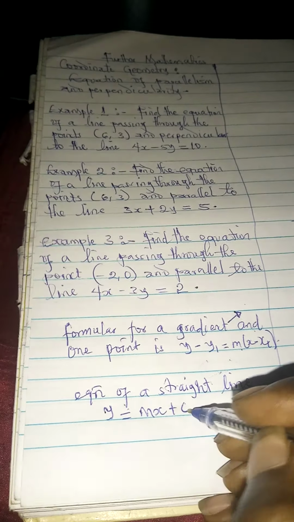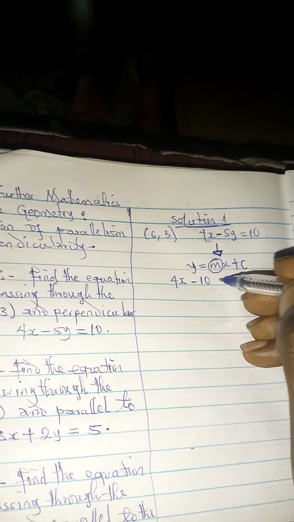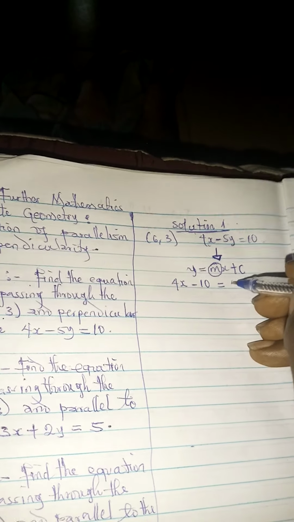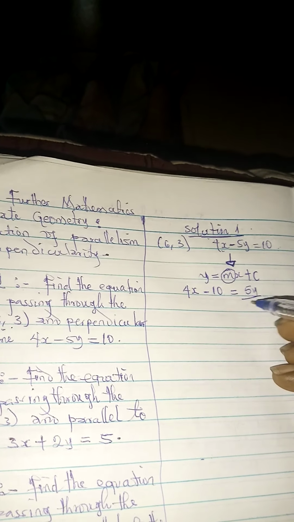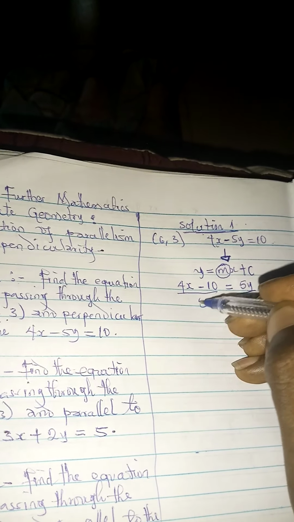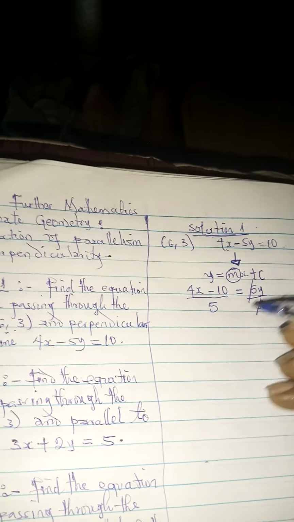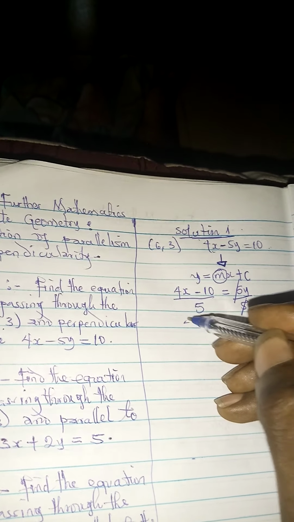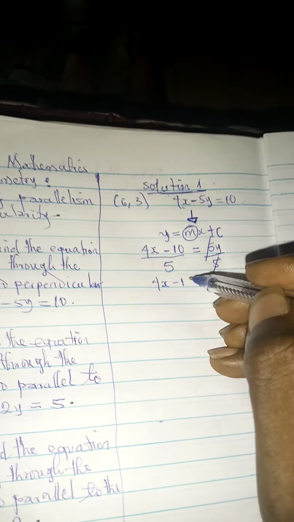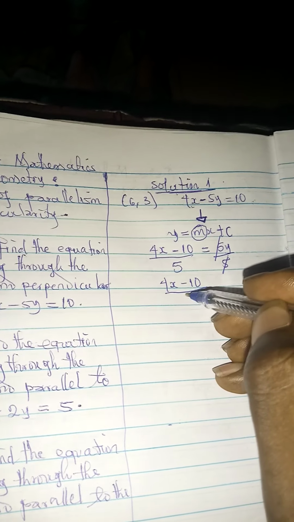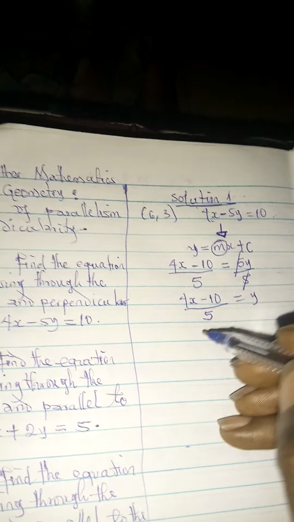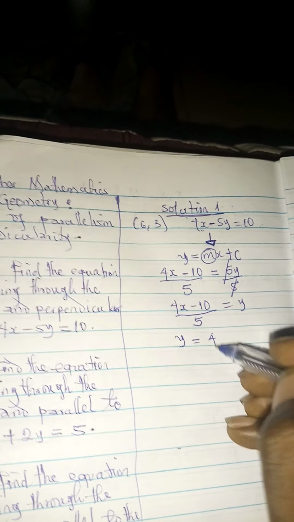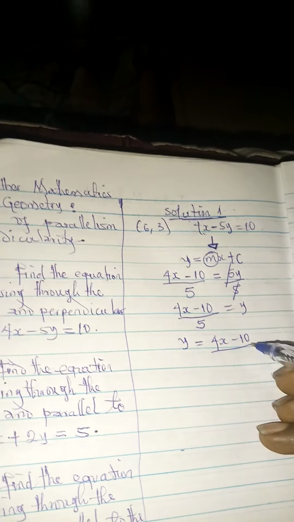So that will now be 4x minus 10 equals 5y. Then the next thing is I'm going to divide both sides by 5, which makes it (4x minus 10) over 5 equals y, which is the same thing as y equals (4x minus 10) over 5.